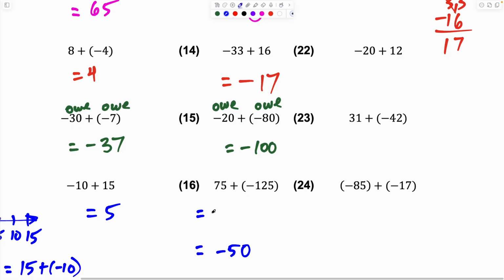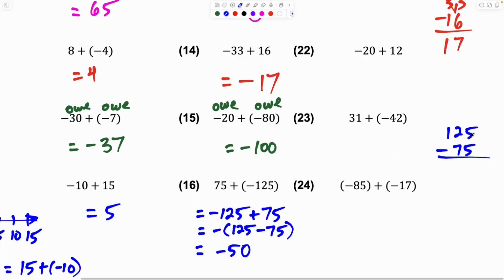Otherwise, what you could do is you could call this negative 125 plus 75, and then use this idea from before that when you have these two numbers here, this is the same thing as taking out the negative, and then you have 125 minus 75. When I take out the negative, the signs just change here. And if I do that math on the side, 125 minus 75, 5 minus 5 is 0, and 12 minus 7 is 5, so we get 50. But with the minus in front, that gives us negative 50.